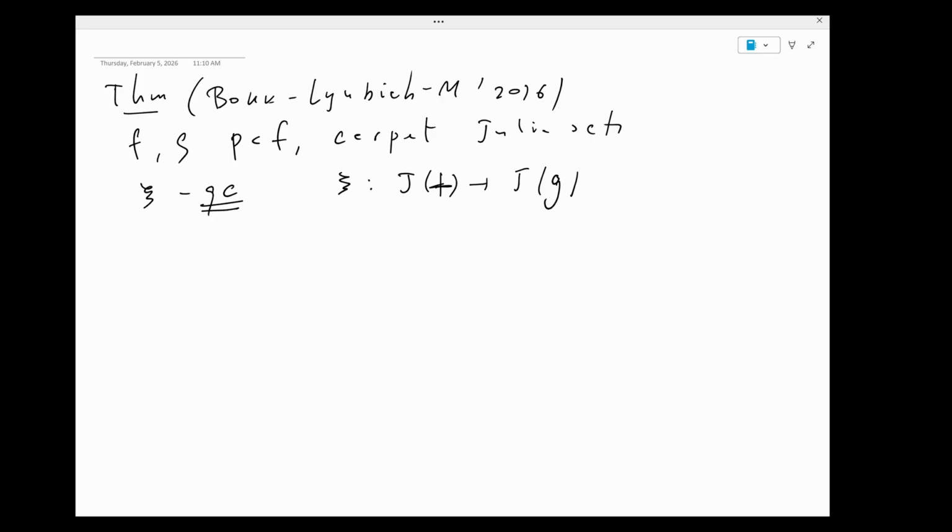The conclusion of that result is that Xi restricted to the Julia set of F is a Möbius transformation. So it's a restriction of a Möbius transformation.